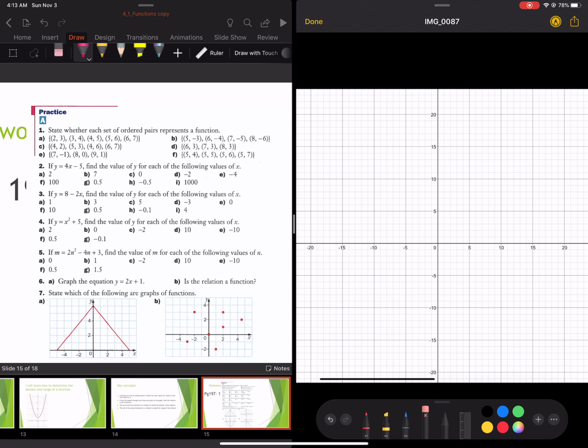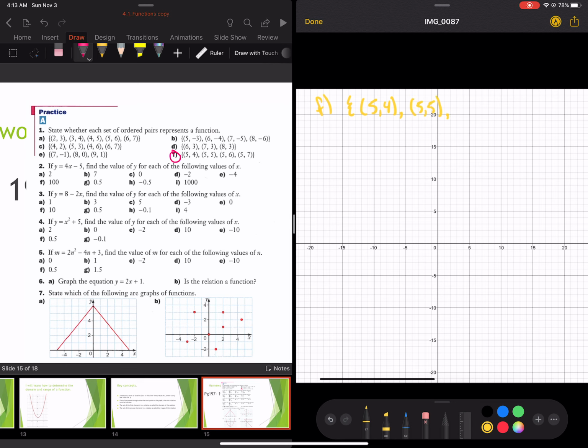So I'm going to try f. So f is the following. F, whoops, erase. Let's try this again. F is a set of ordered pairs. One of the ordered pairs is 5, 4. The next one is 5, 5.